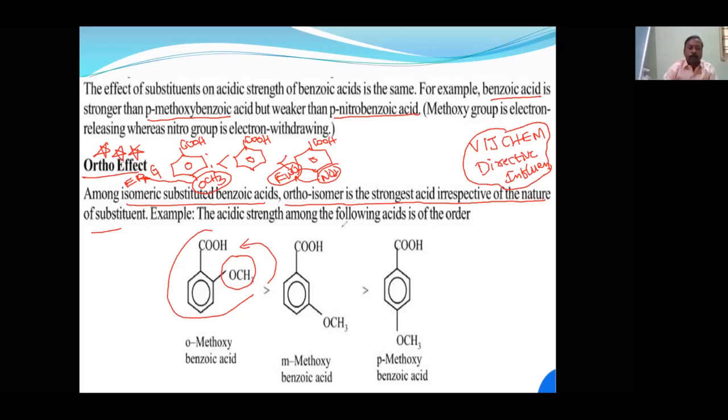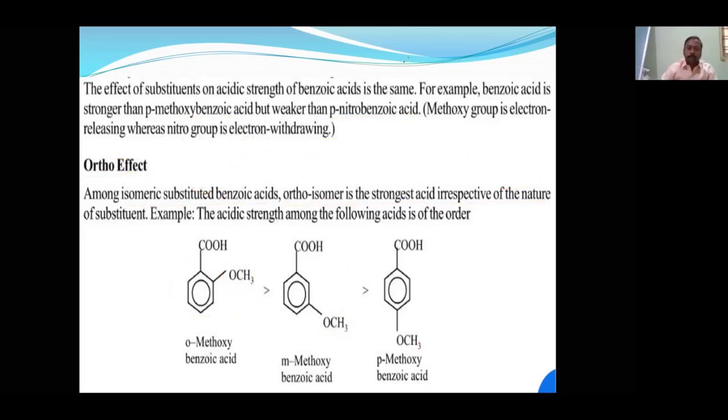Because of ortho effect, ortho first, and here methoxy, here para. Because there is no EWG or ERG effect at meta position. EWG and ERG will work only at ortho and para positions. So this is the important order, that is, ortho effect is very, very important. Okay, now let's see the next one.